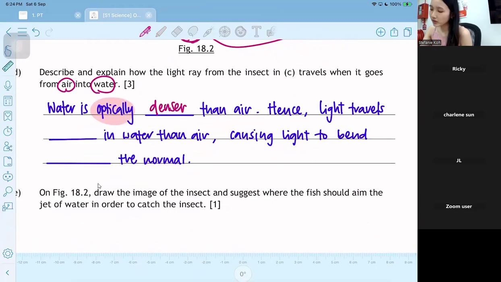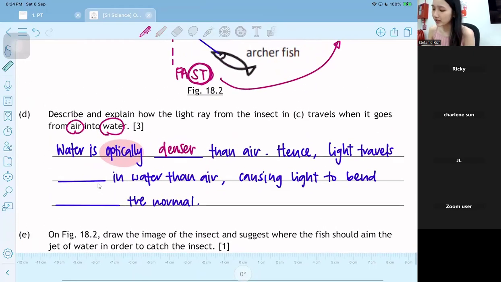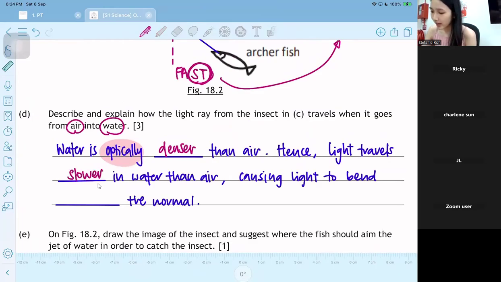And then light travels, again, talk about the speed. Slower. Bend towards. You see the phrasing is very standard. It's the same as previous.